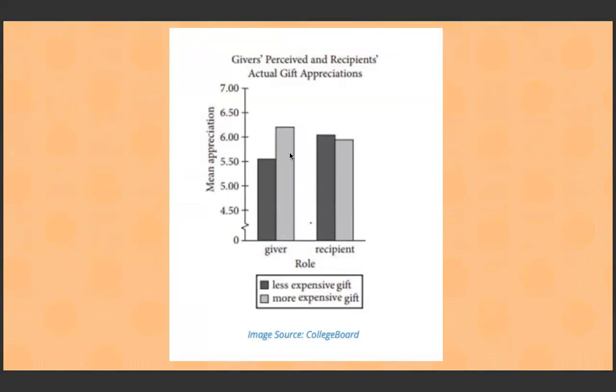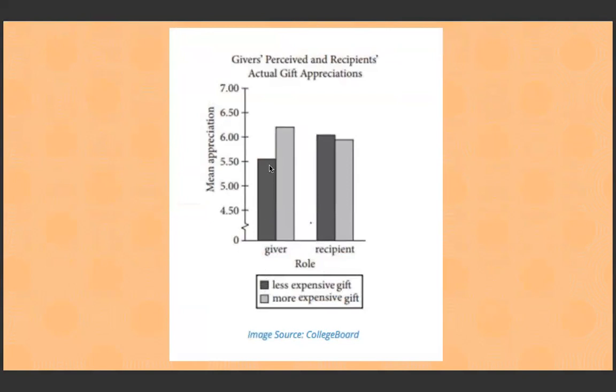The mean appreciation tells me on average how much they appreciated the gift. Comparing the perception of the giver and comparing how the recipient actually felt, right here. The role is either the giver or the recipient, but take a look at this. This is where they want you to actually write out on top of the bars so you don't get confused.